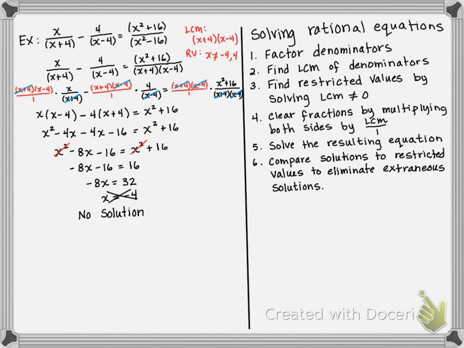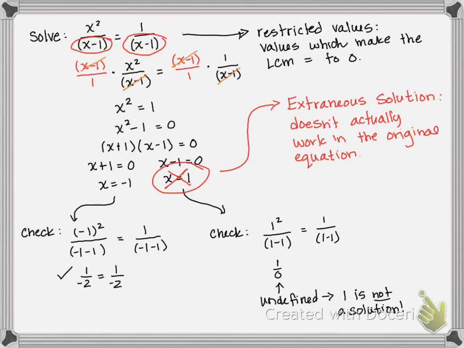In our previous example, one of our solutions was extraneous, but the other one was just fine. So that was the only solution. If the only possible solution or solutions are extraneous, that just means there's no solution at all. So in the last example, we got 2 solutions and one was extraneous, but the other one worked just fine.